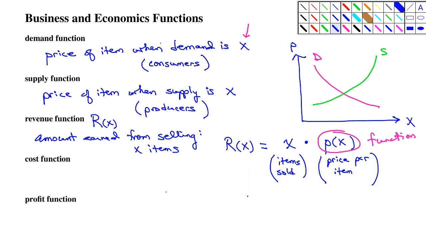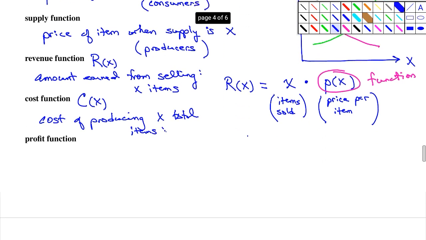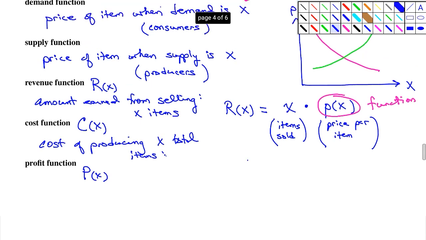All right. The cost function, represented by capital C of X, is the cost of producing X total items. It's the producers that are doing that. And the profit function is big P of X. Now I emphasize that this is a big P of X because there is a little p of X that we use with the supply and demand curve. So these are little p's. Just be careful that you understand the difference between those. But the profit function is very simple.